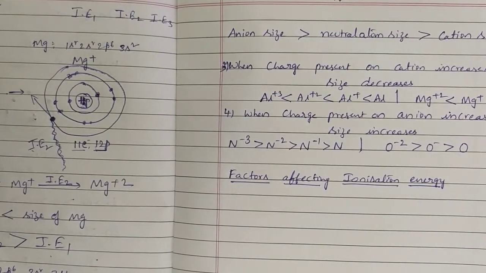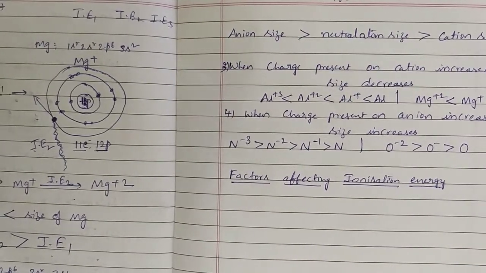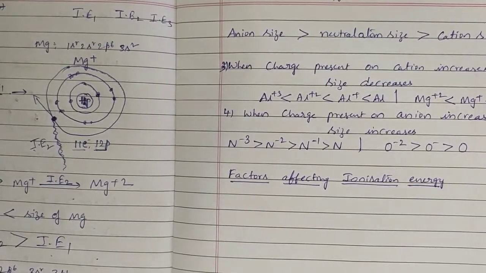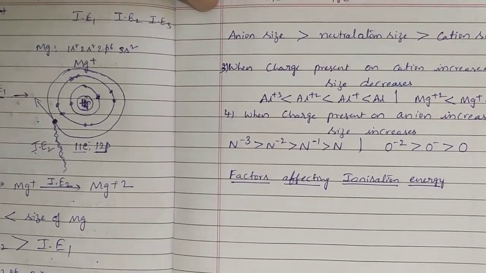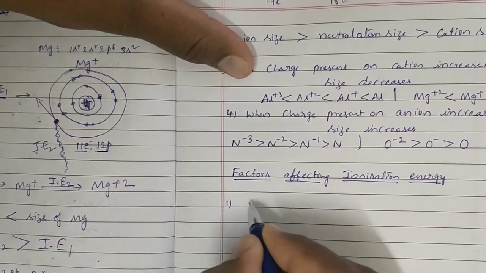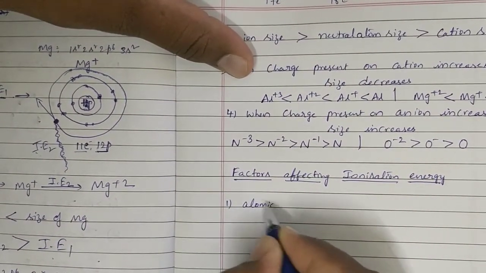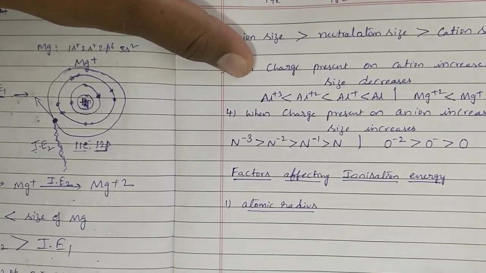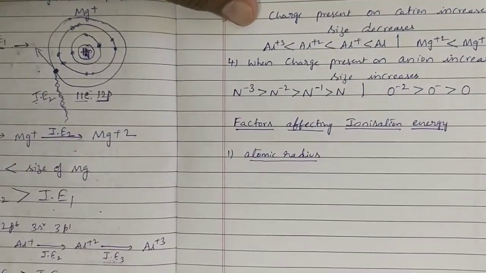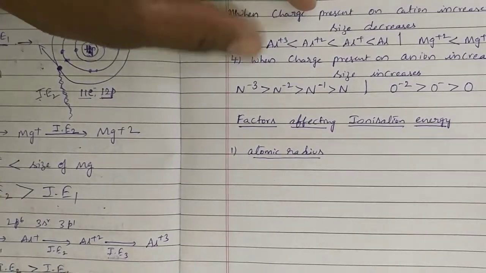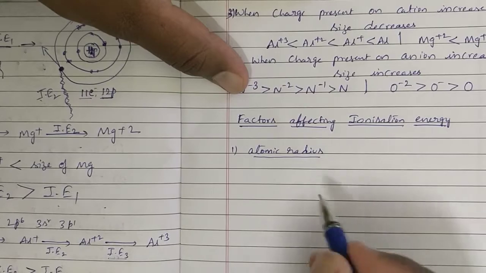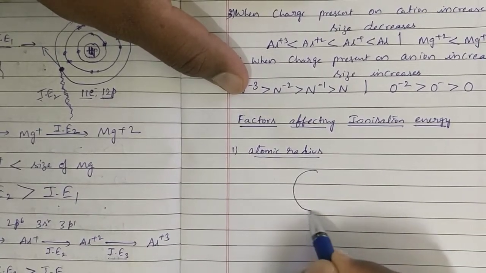Let us see what the heading is. Factors affecting ionization energy. What are the factors that affect the ionization energy? First one, atomic radius. My question is for you: I am considering two atoms.